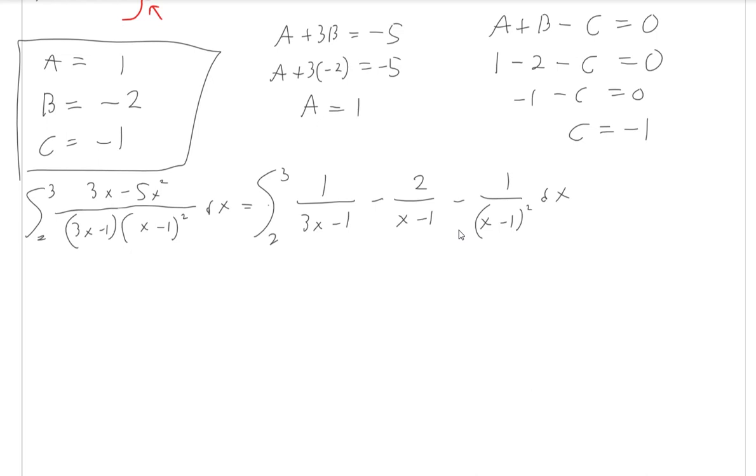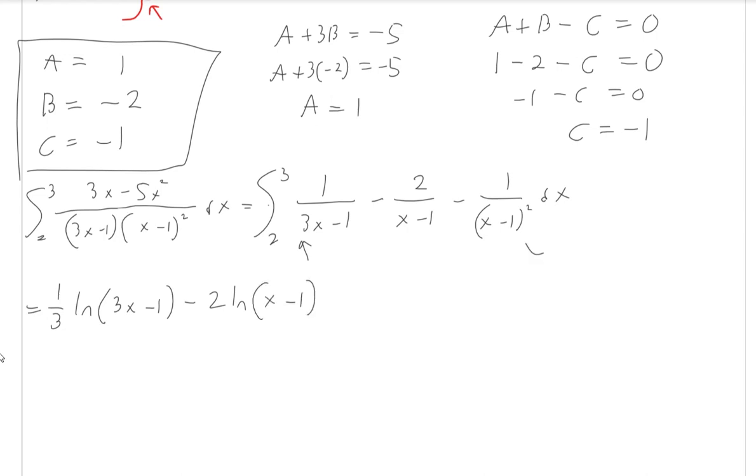Okay. Now, depending on how you want to go about this, it's really up to you. The first one shouldn't be too bad. The first one should give you 1/3 natural log of 3x minus 1. And the next one will give you minus 2. That 1/3 is coming from the chain rule for 3x, by the way. Minus 2 natural log of x minus 1.